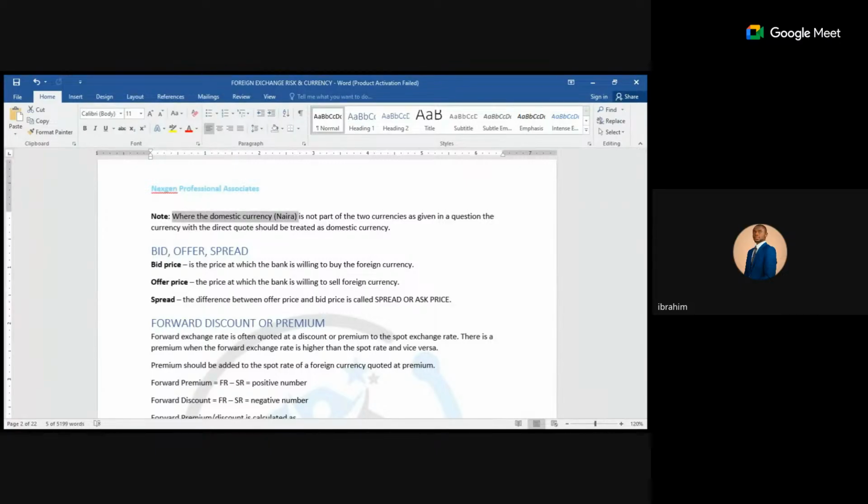I have a note here where the domestic currency is naira. Please pay attention. If you want to solve questions in international investment, what you need to know is, one, how to determine forward rates; two, to know whether it is a direct or indirect quote; three, to understand what the functional currency of the company you are dealing with is.